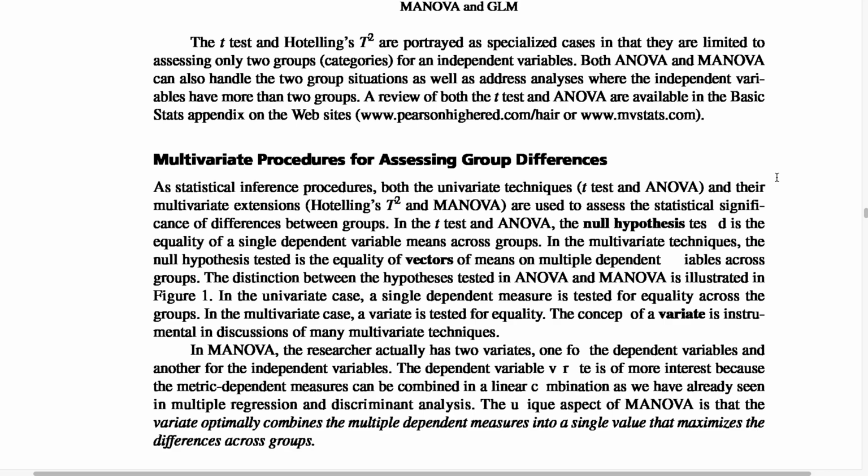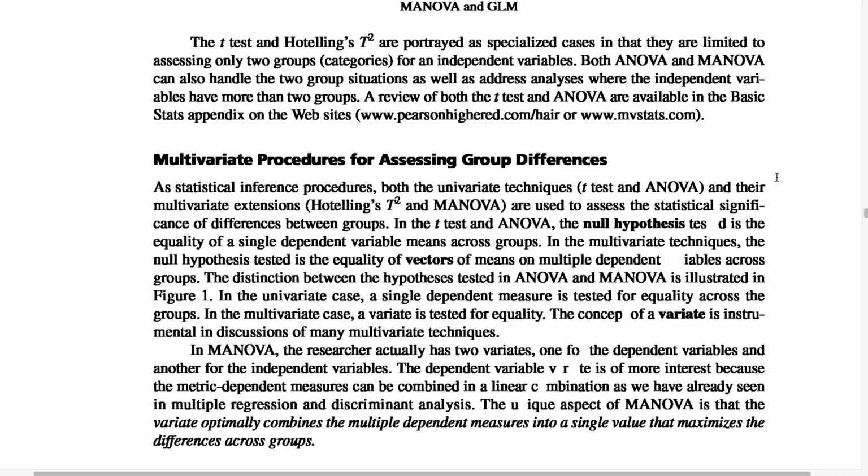In the t-test and ANOVA, the null hypothesis is the equality of the single dependent variable means across the groups. In the multivariate techniques, the null hypothesis tested is the equality of the vector of means on multiple dependent variables across the groups. The distinction between the hypotheses tested in ANOVA and MANOVA is illustrated in figure 1.